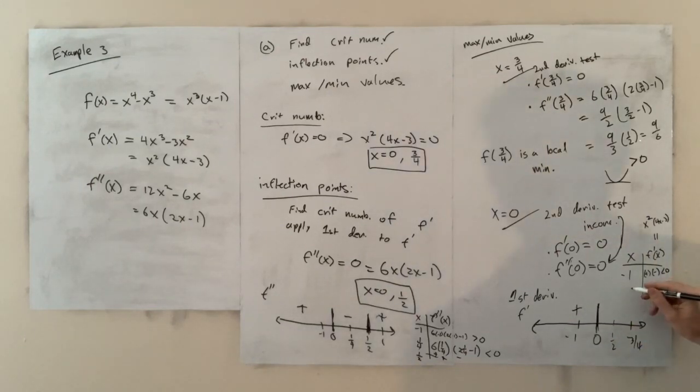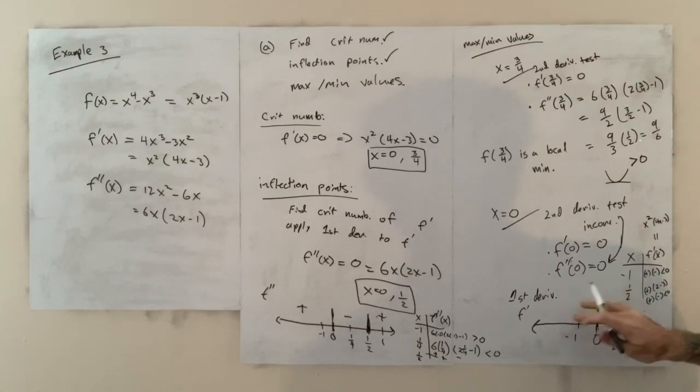And then if we plug in 1/2, we're going to get 1/2 squared, times 1/2 of 4, which gives us 2 minus 3, which is a positive times a negative, which is less than 0. So I don't know why I wrote positive there.